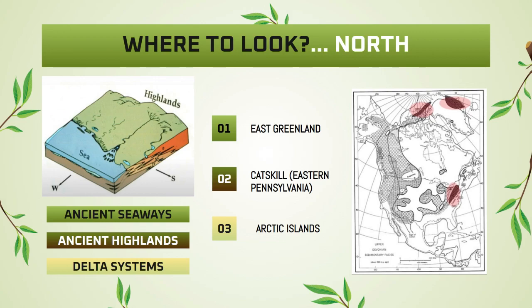And these three places included East Greenland, the Catskills in eastern Pennsylvania, and the Arctic Islands. However, other paleontologists had explored the areas of East Greenland as well as the Catskills in Pennsylvania, which led to somewhere that was a little bit less accessible but still accessible nonetheless, and that was the Arctic Islands.